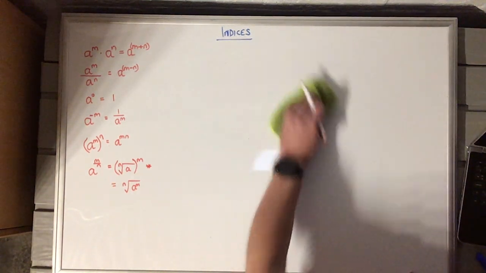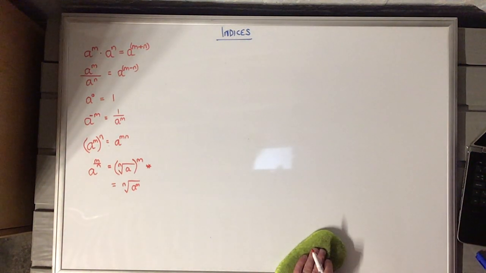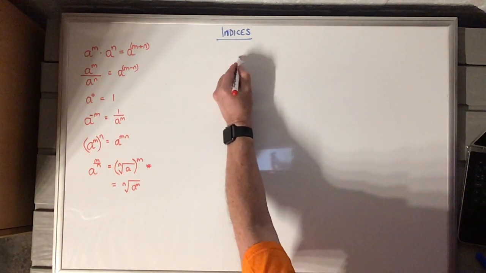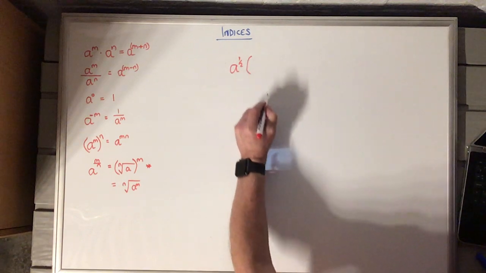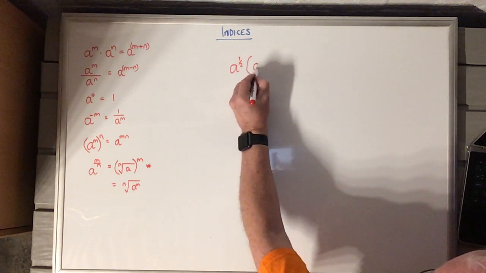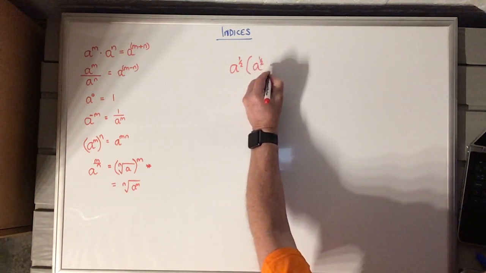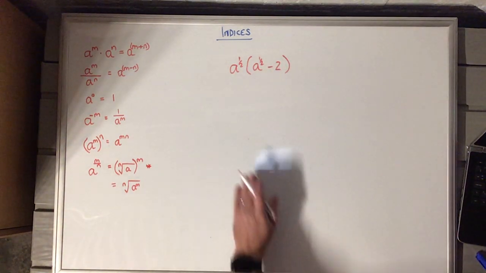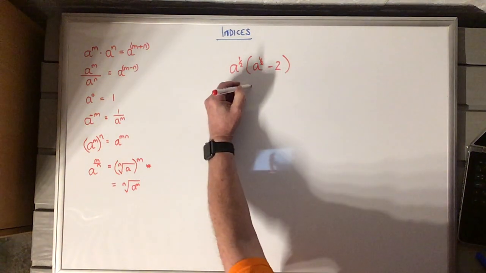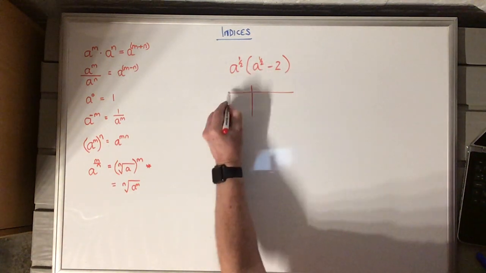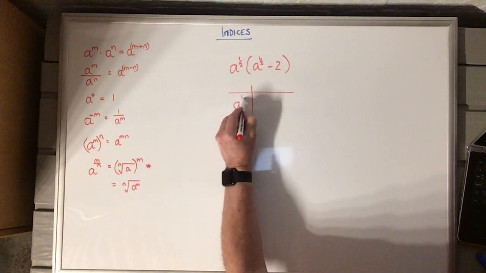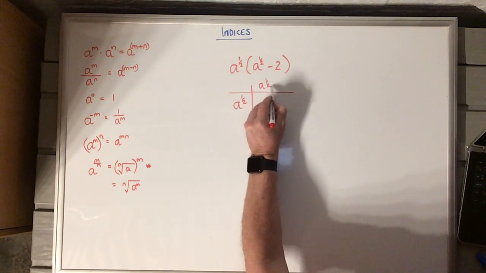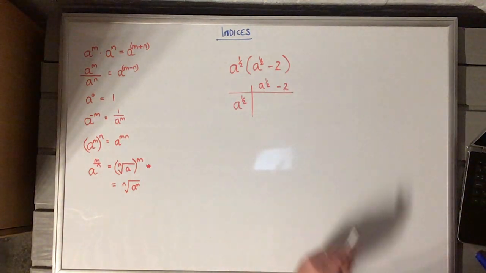Let's look at another question. Here's another one that's very similar to the last one. A to the power of half, bracket, a to the power of half again, minus 2. So, grid. A to the half, a to the half, minus 2, and we have to multiply them out.